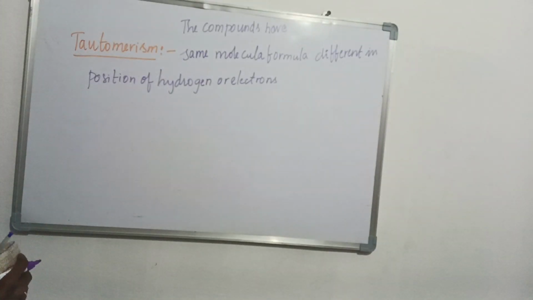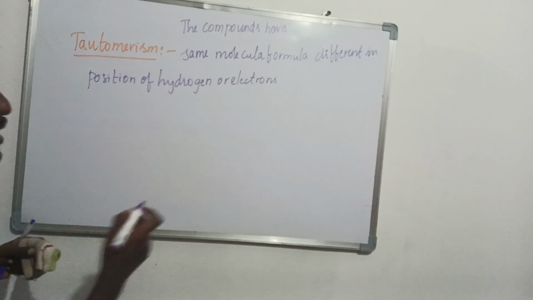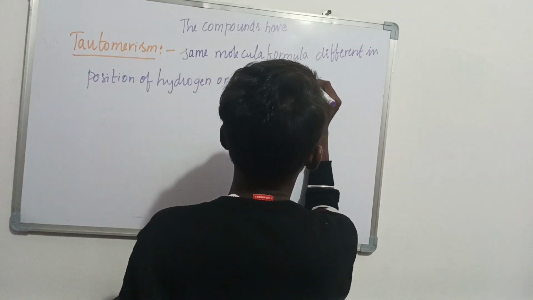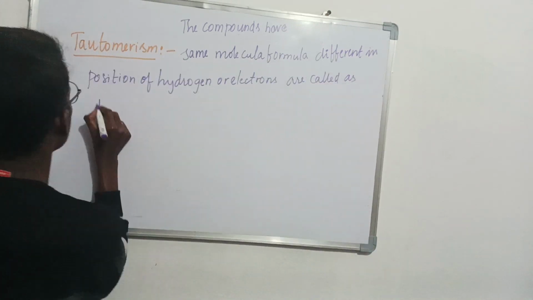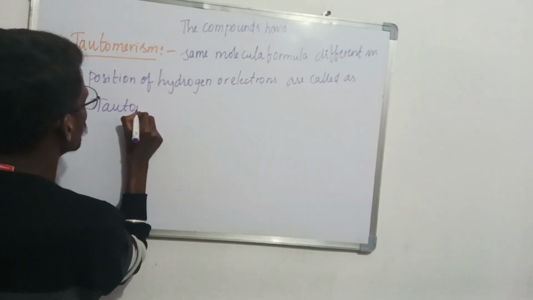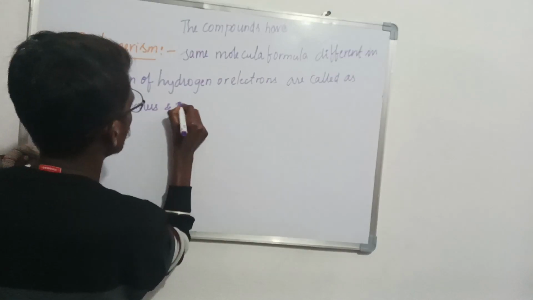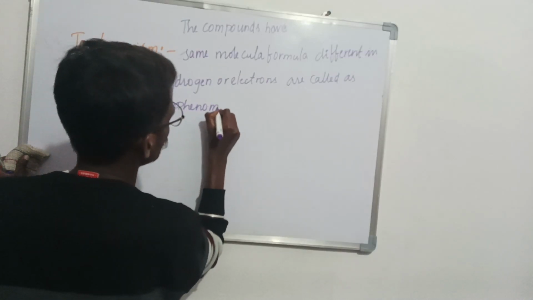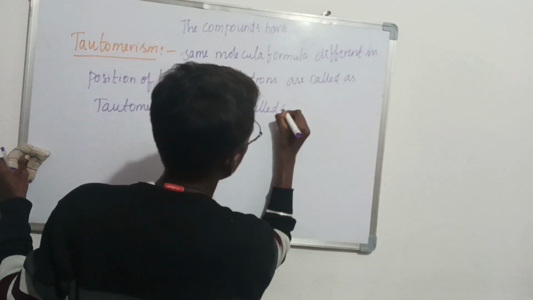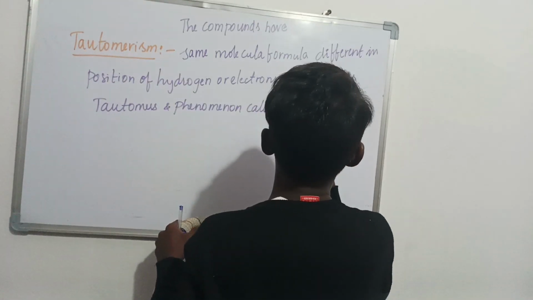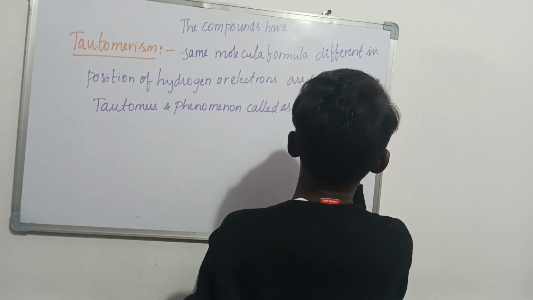Compounds that differ in the position of hydrogen or electron are called tautomers, and the phenomenon is called tautomerism.